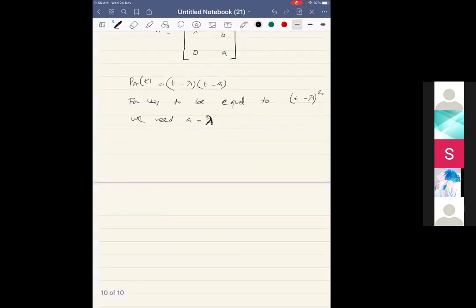So in fact, A hat V1 is lambda V1, and A hat V2 is lambda V2 plus some B V1 for some B.